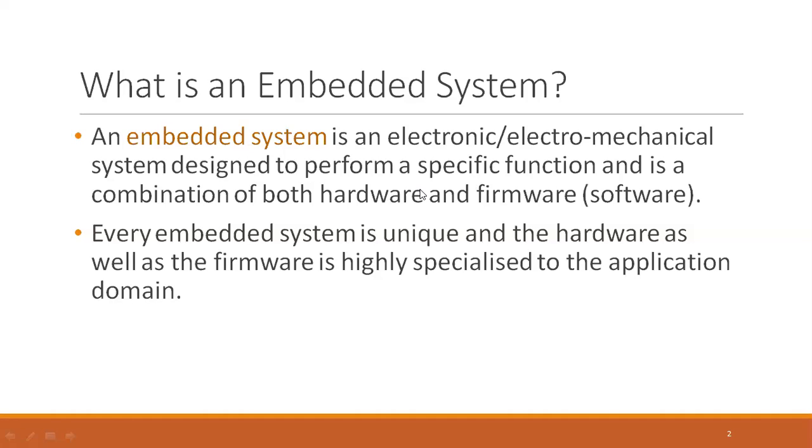This firmware is specifically meant for the TV itself. I cannot take that firmware and install it on an oven, or on a refrigerator. That is not right. Every embedded system is unique, and the hardware as well as the firmware is highly specialized to the application domain.